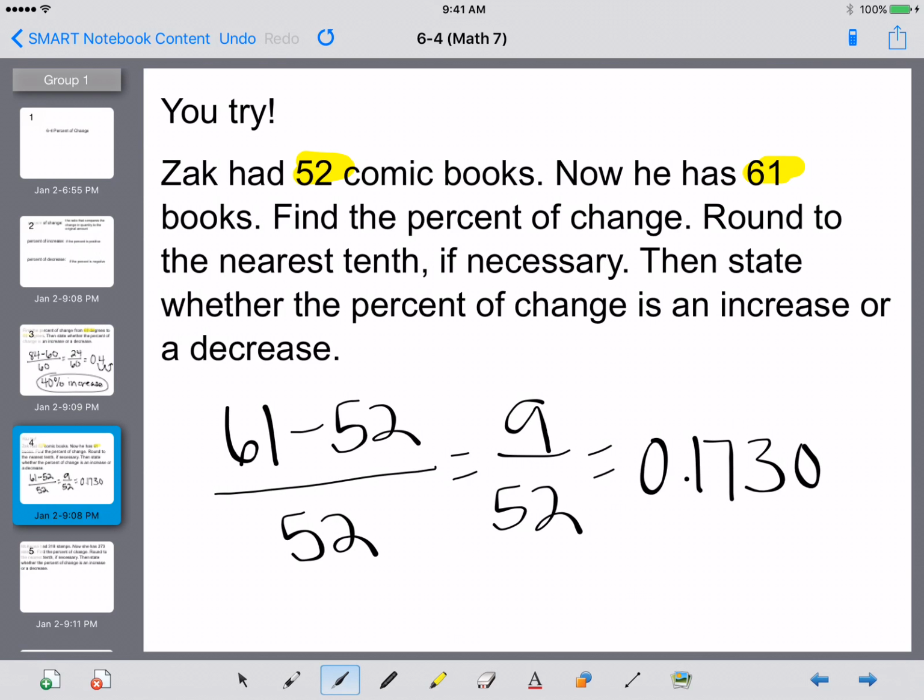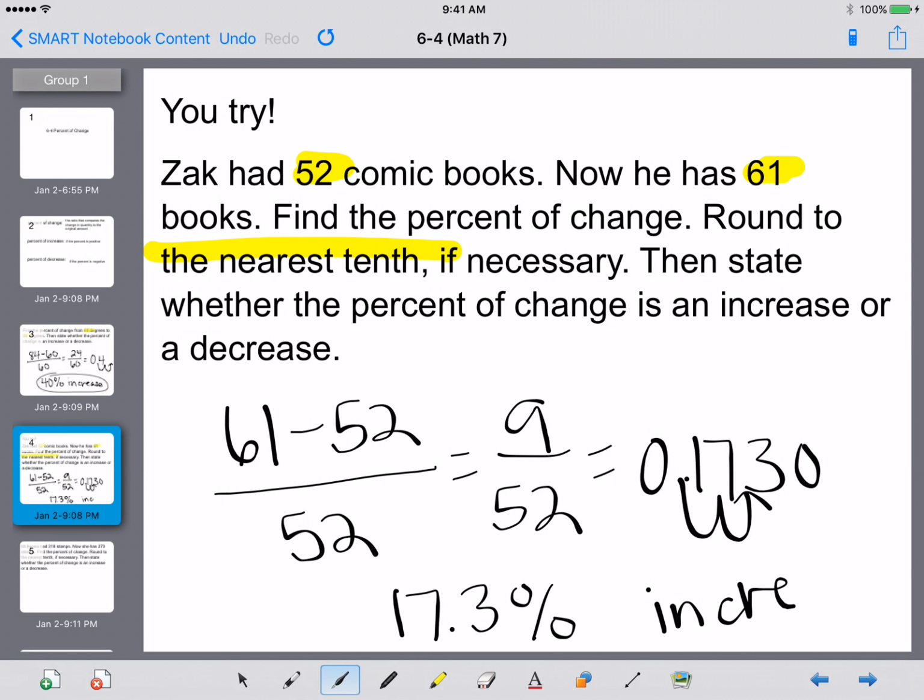We're going to move our decimal point over 2 places to turn it to a percent, and here it said to round to the nearest tenth. So we're going to have 17.3%. And it is a percent of increase because our percent is positive.